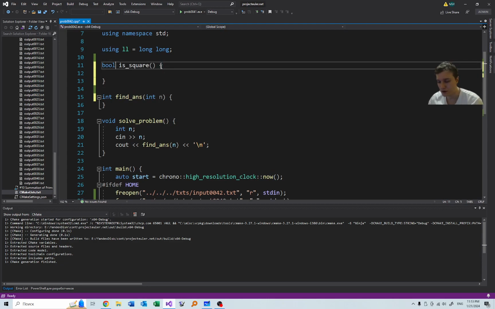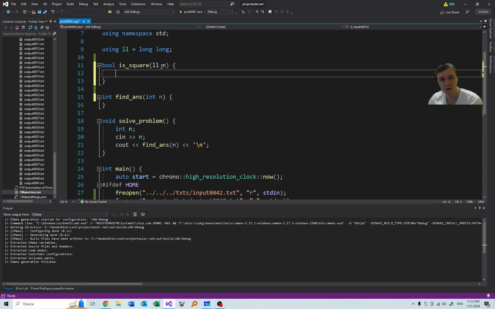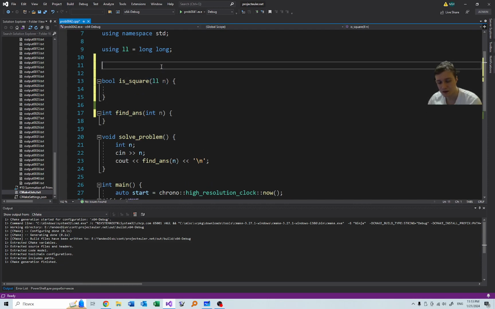And to write this function, we'll need another function which finds an integer square root. Let me think. We need a function int I sqrt. No, I don't like it.